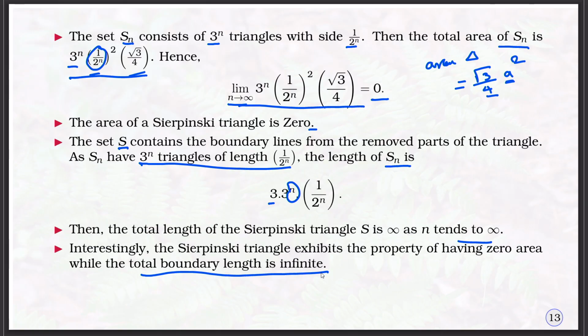Now, you can think about how area, length and the number of points give the exact representation of these two objects. We have to think.